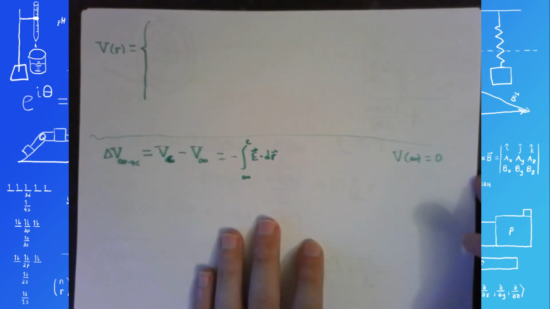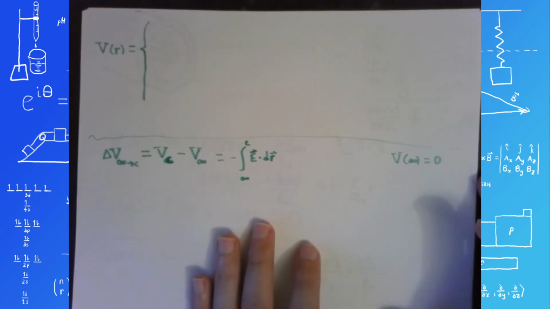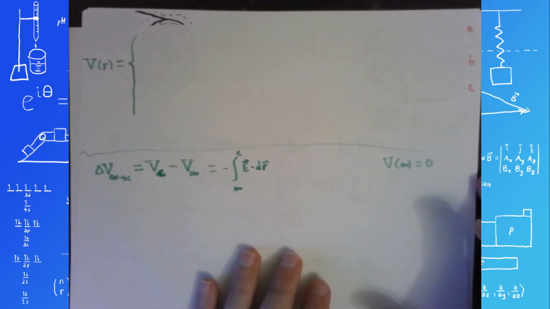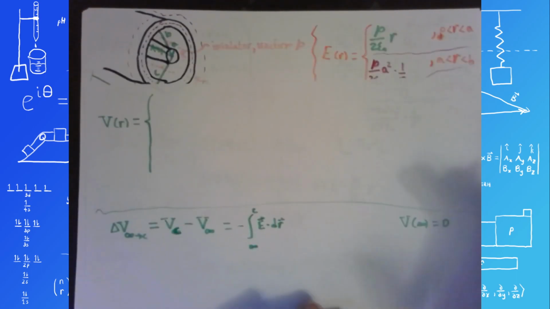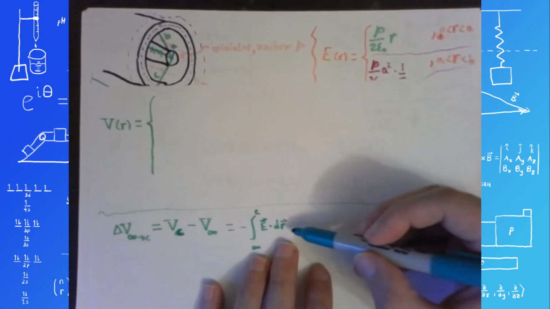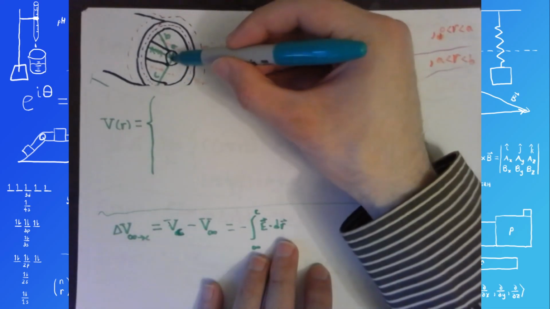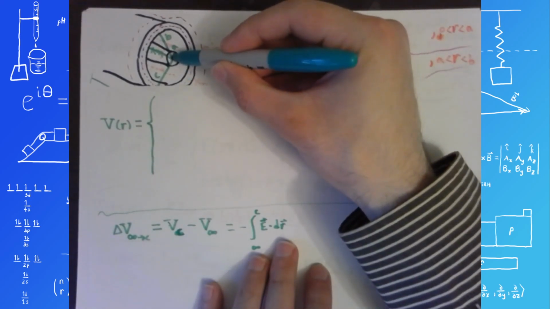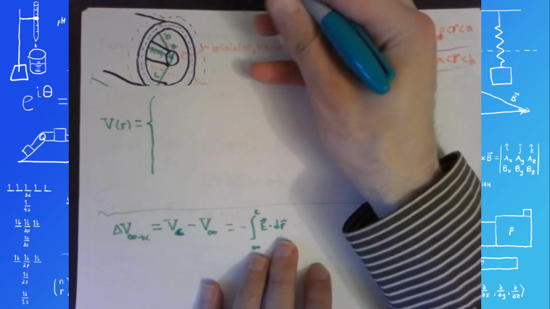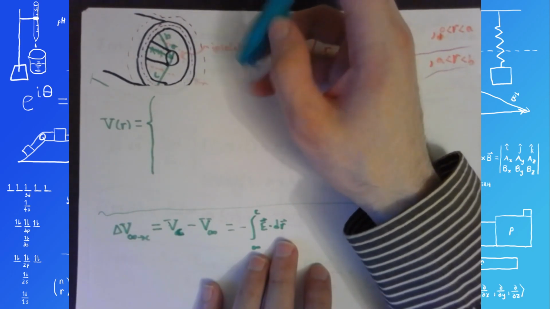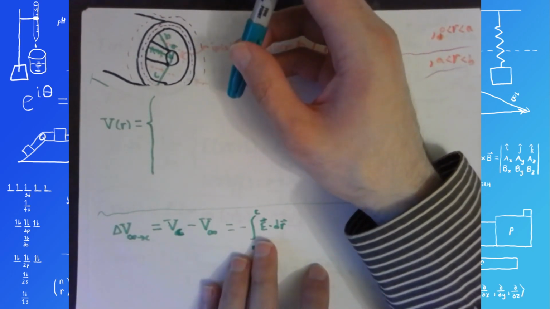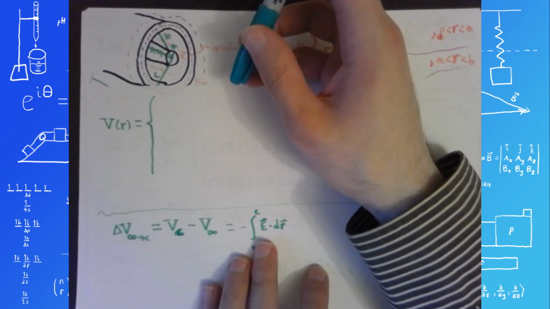Alright, and E dot dr just becomes E times dr because the direction of the electric field, at least our positive direction of electric field, is going to be outward, and the direction of r is 0 at the center and increases outward as well. So the positive direction of r and the positive direction of E are in agreement with each other.